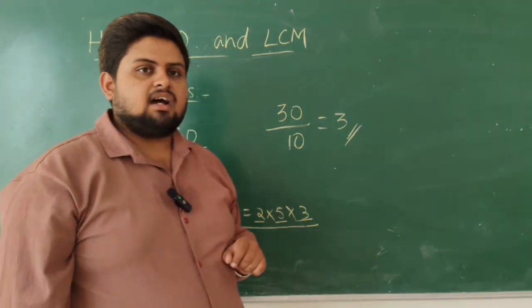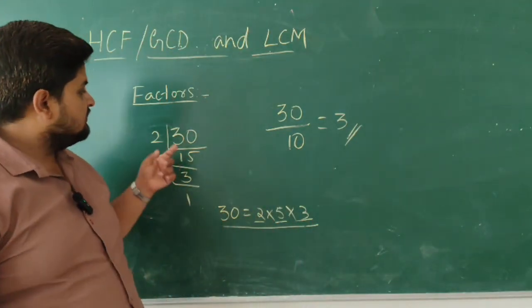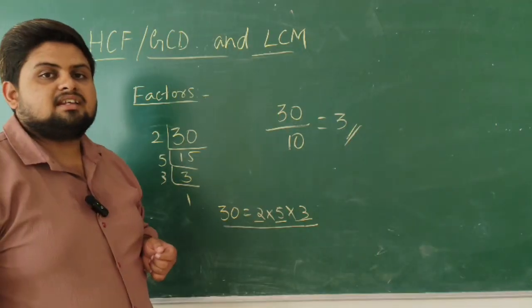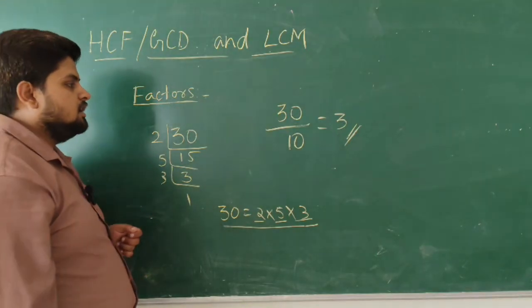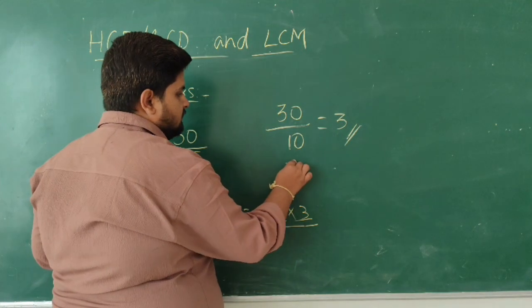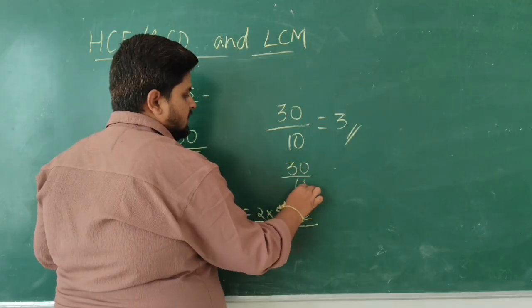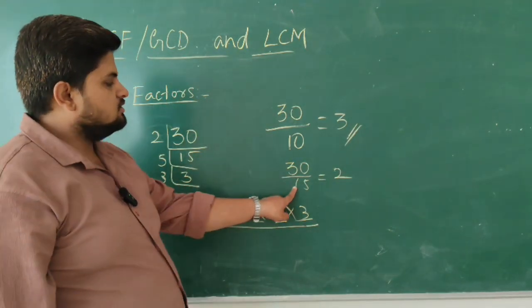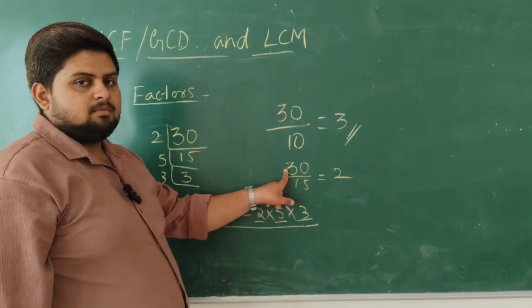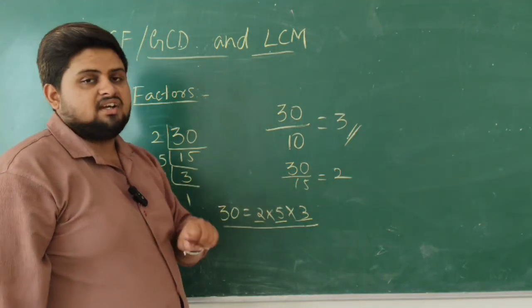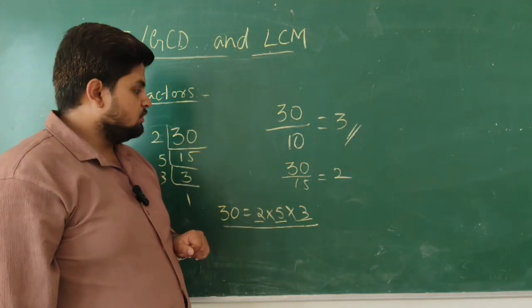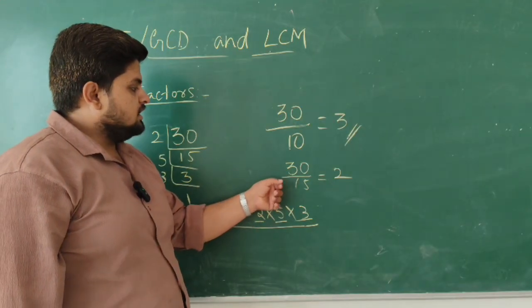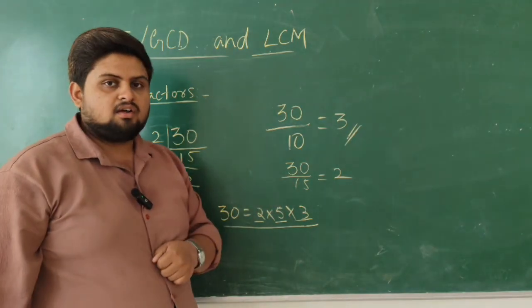So factors are those numbers which divide the given number exactly. You can also take the number 15. If you divide 30 by 15, you will get the answer 2. So 15 also divides 30 exactly to give an integral answer, so 15 is a factor of 30.